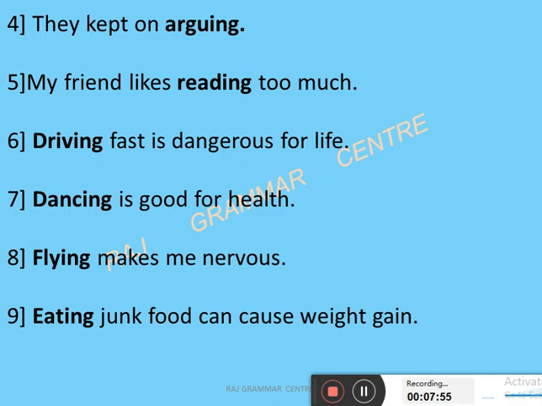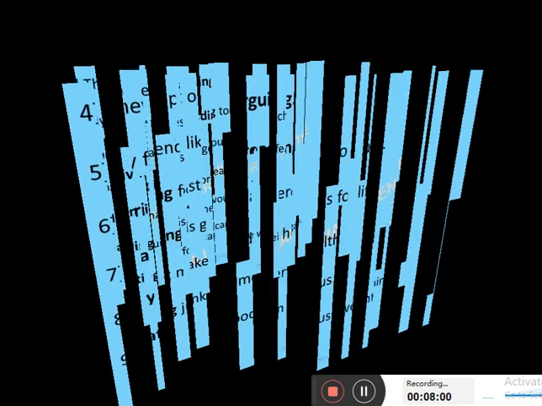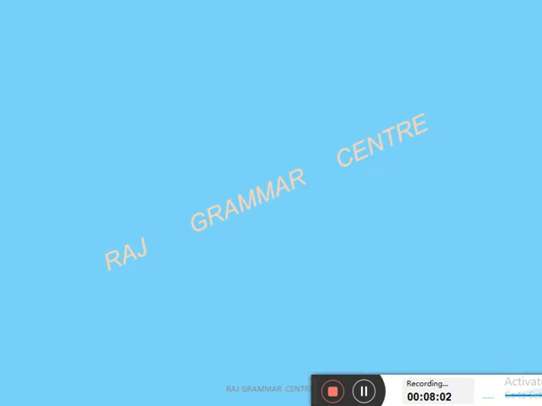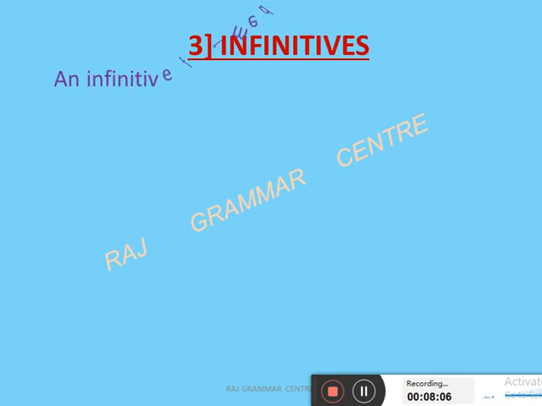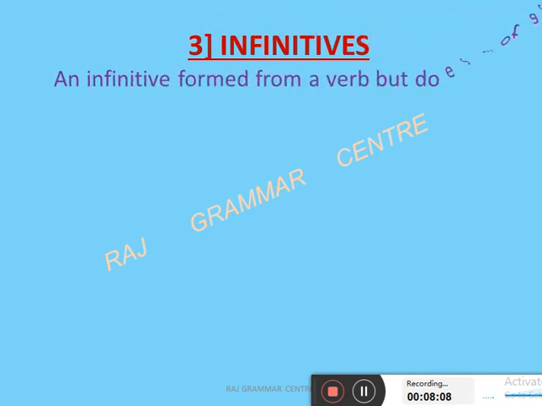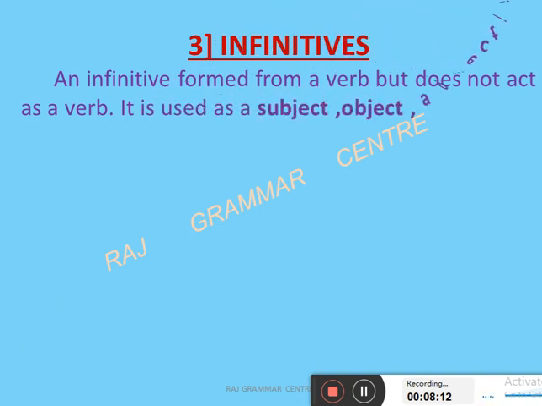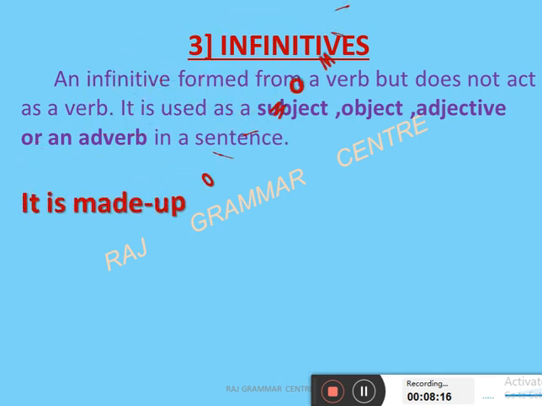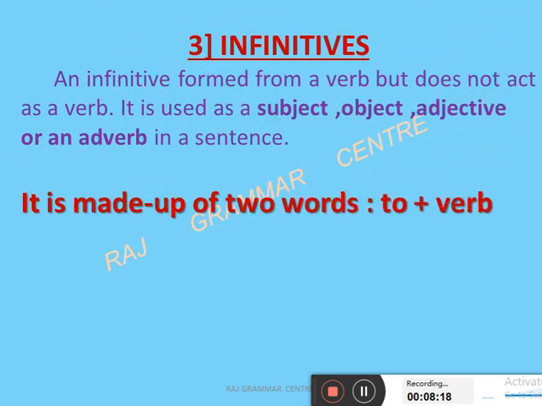Okay, now we'll see the next type, that is the infinitives. Infinitives are what? Just remember one thing, as with the participle and the gerund we used just ing, in the same way, remember that an infinitive is used with a verb in two forms.